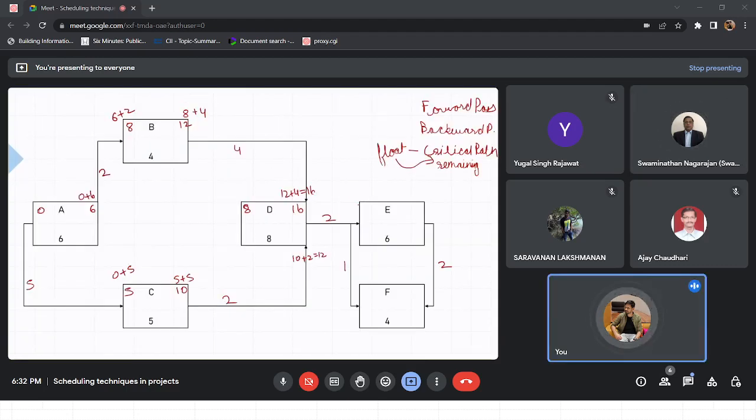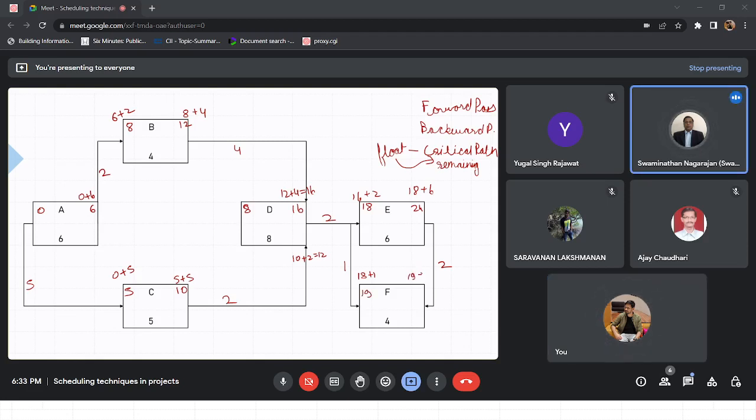So this will become 16 plus 2, 18. Then 24, sorry, yeah, 24. 18 plus 1, this will become 19. 19 plus 4 from one side, and 24 plus 2 from the other side.